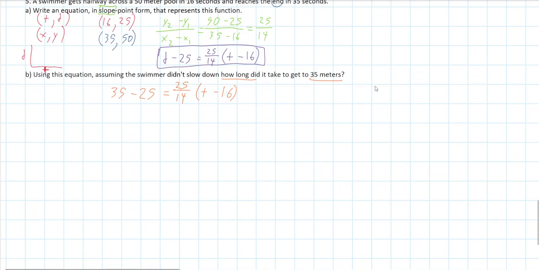I mean, we can put this together first, but this will be 10, and then 25 over 14 times t minus 16. We can move the 14 and 25 over, so that'll be 10 times 14 over 25 equals t minus 16.